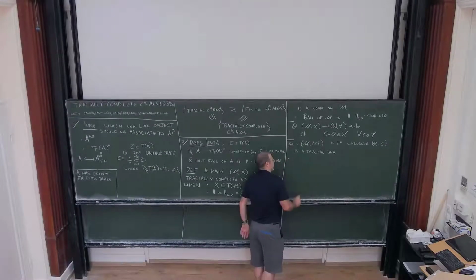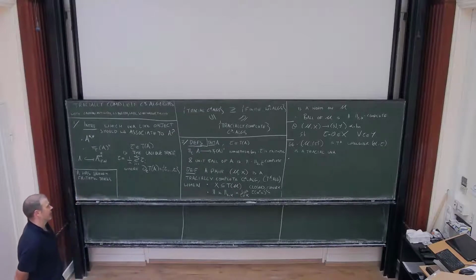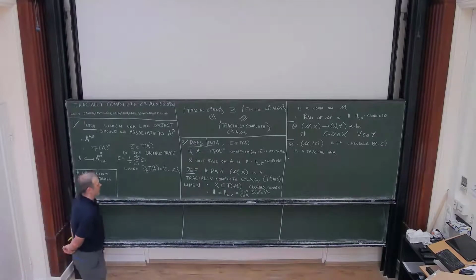The next example is Ozawa's construction of a completion. So if I give you a C-star algebra A, how do you get a tracially complete C-star algebra?